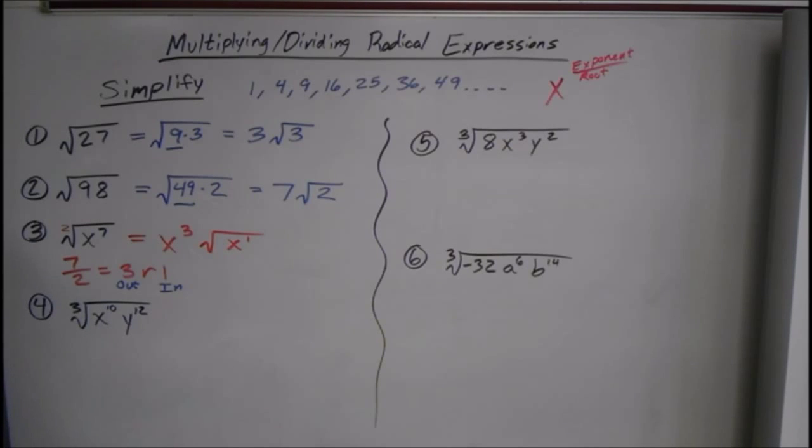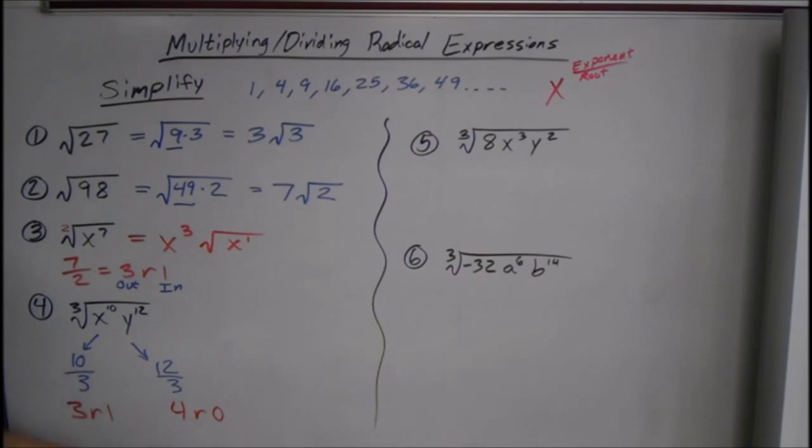Same thing here. We have the cube root of x to the 10th, y to the 12th. So we have two fractions. For the x, that's 10 over 3, and this one gives us 12 over 3. So 10 over 3 becomes 3 remainder 1, just like the last one. So we take 3 out, we leave 1 x in, and this is 4 remainder 0.